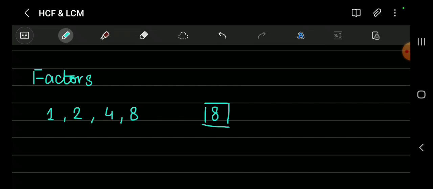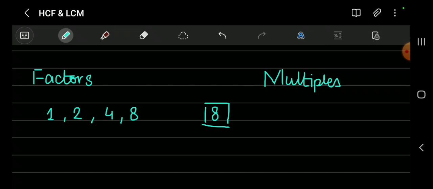Now let's talk about multiples. Multiples are what we get when we multiply any number with natural numbers 1, 2, 3, 4, 5 and so on, or we can say the table of a number gives you its multiples.